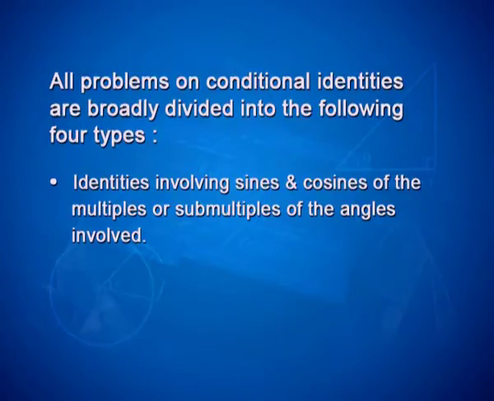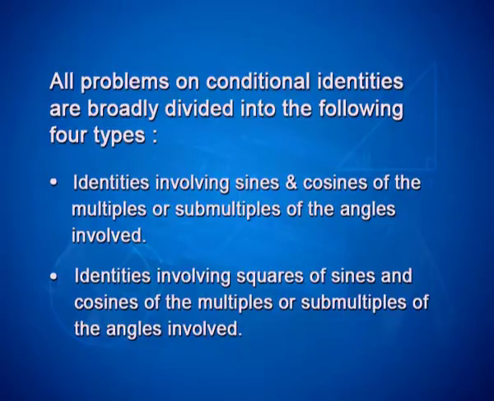All problems on conditional identities are broadly divided into the following 4 types. Type 1, identities involving sines and cosines of the multiples or submultiples of the angles involved. Type 2, identities involving squares of sines and cosines of the multiples or submultiples of the angles involved.